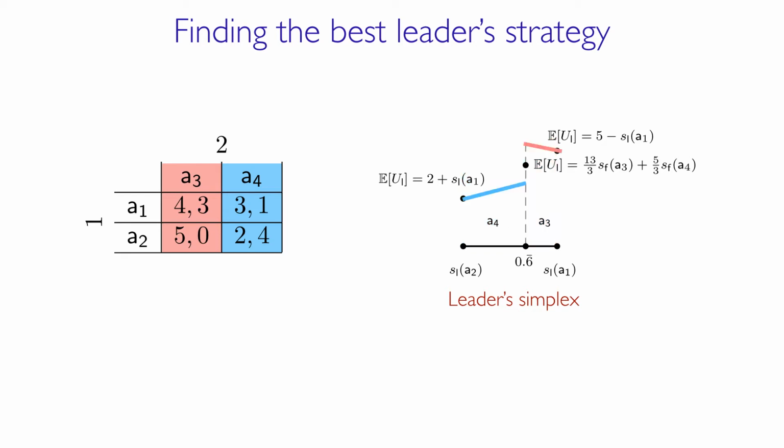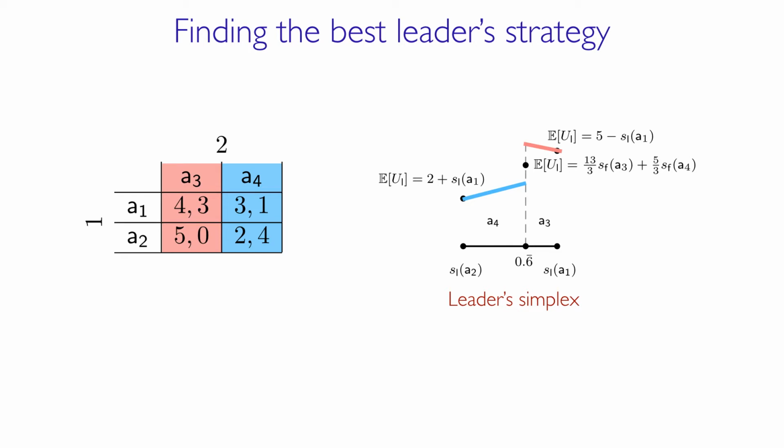Focus on the expected utility function of the leader player as her strategy changes. The goal of the leader is to maximize her expected utility. The crucial point is where is the maximum. Indeed, the maximum is when action A1 is played with a probability of 2/3, but for such a value, the follower is indifferent between actions A3 and A4.